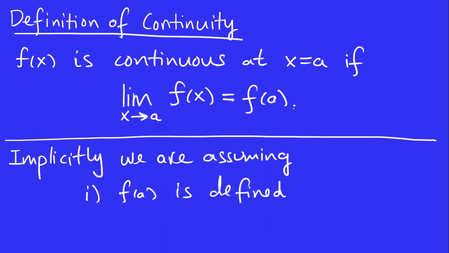We couldn't even write this statement if f of a wasn't a number. How can we write an equal sign between two quantities if f of a doesn't even exist? So when we write this statement down, it's automatically assumed that a is in the domain of f, right? f of a is defined.